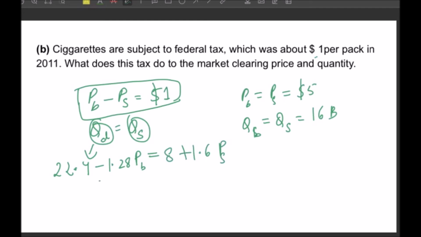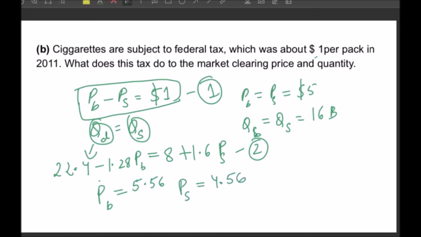Hence, solving these equations simultaneously, this is equation number 2 and this was equation number 1. So we get price paid is equal to 5.56 and the price received is equal to 4.56.